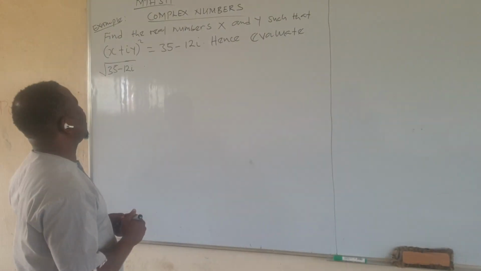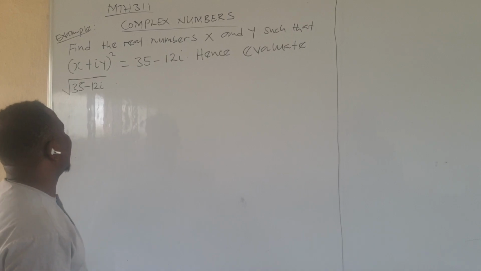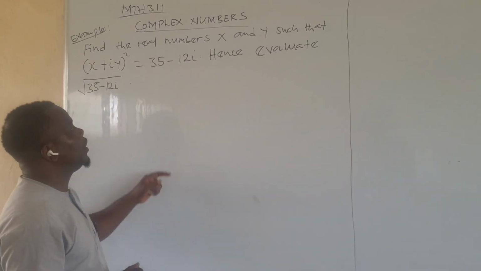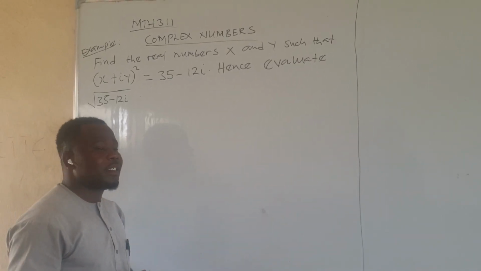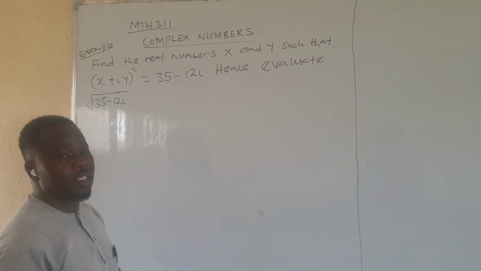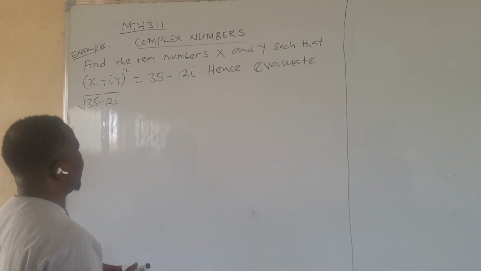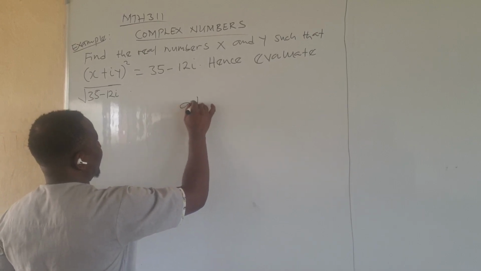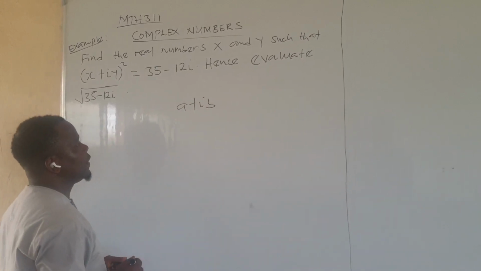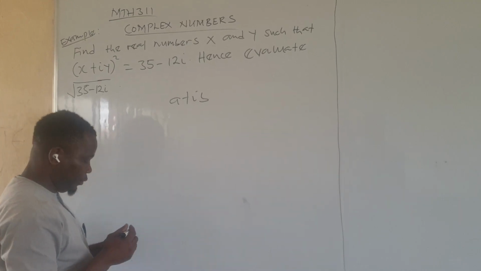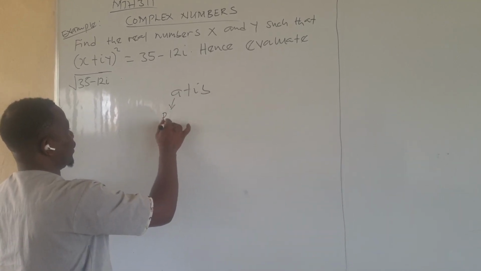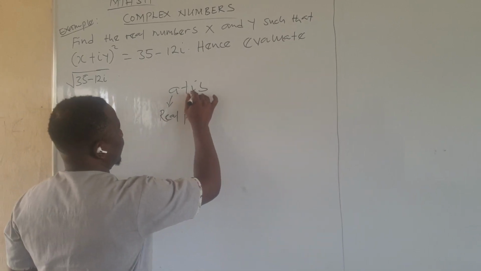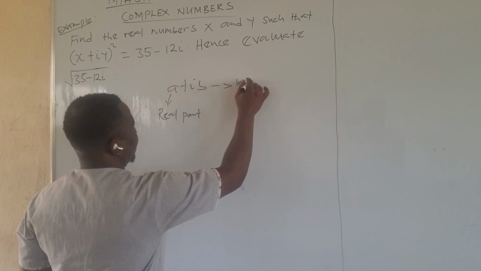Today I will look at complex numbers and look at this example. In our last meeting, I tried to explain complex numbers. Complex numbers are of this form, a plus ib, where a is the real part and b is the imaginary part.